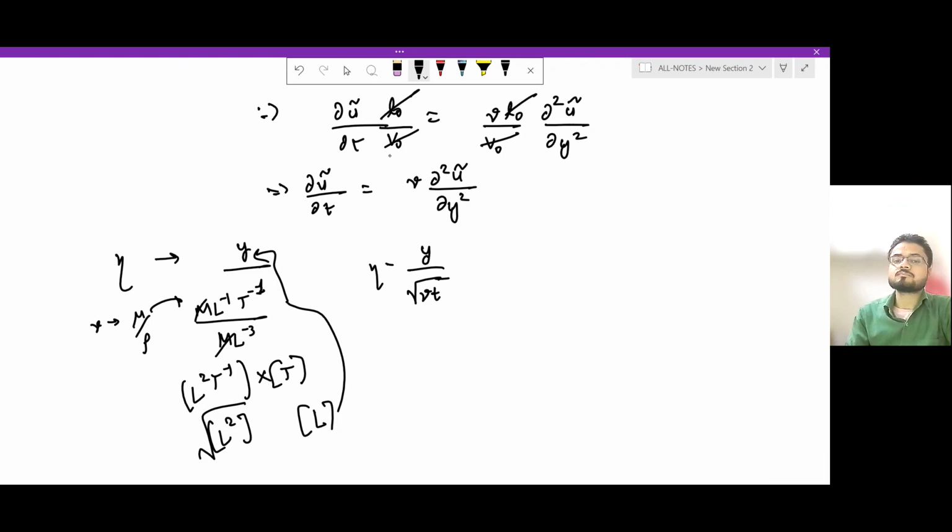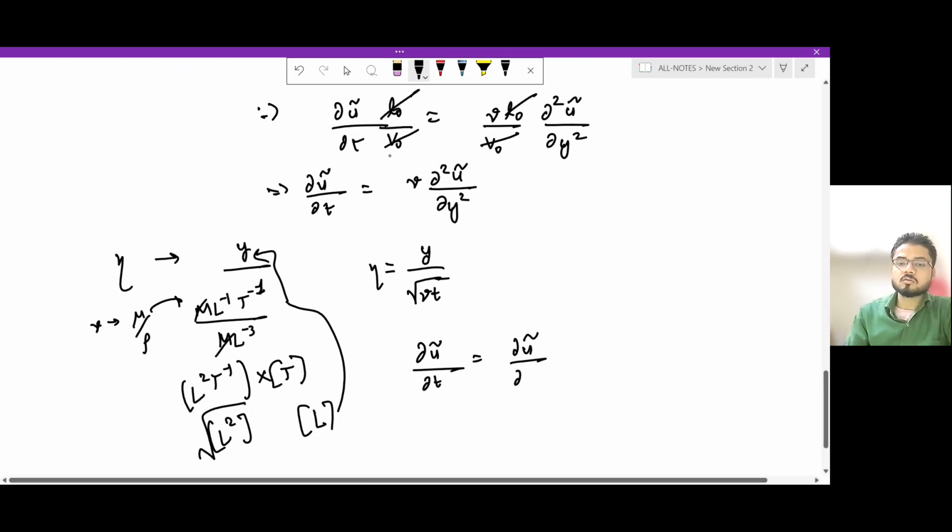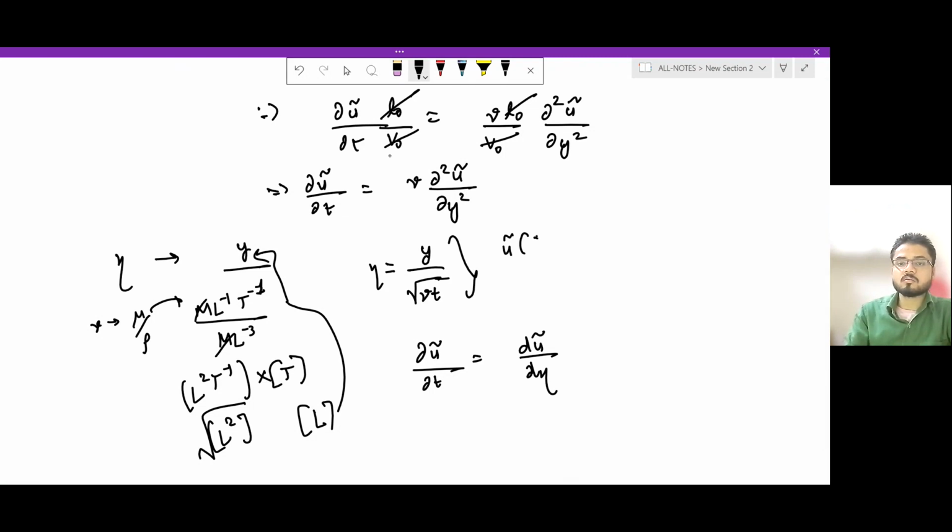So that is the philosophy behind choosing this particular combination as the dimensionless group for solving this problem. So let's call this eta. Then we could write ∂U/∂t is equal to dũ/dη times ∂η/∂t, because using this would convert ũ from being a function of y and t to ũ being a function of only eta.